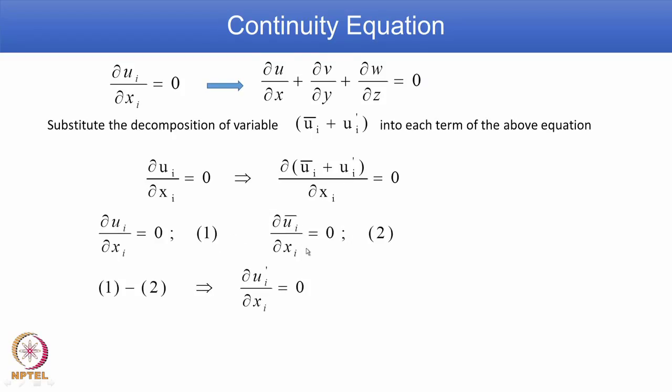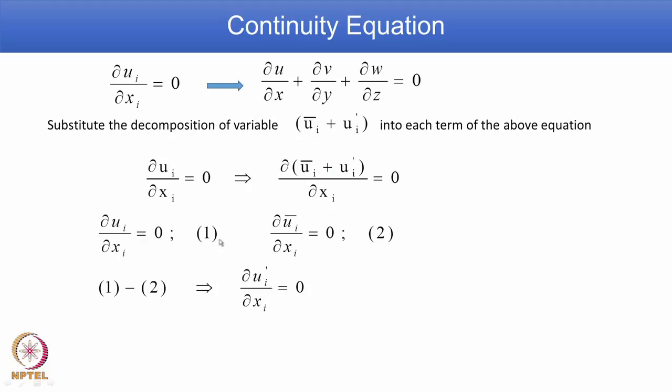So, if you write it that way, it becomes ∂ū_i/∂x_i = 0. This equation, marked as 1, is for the instantaneous quantity, and the equation marked as 2, ∂ū_i/∂x_i = 0, is for the mean quantity.